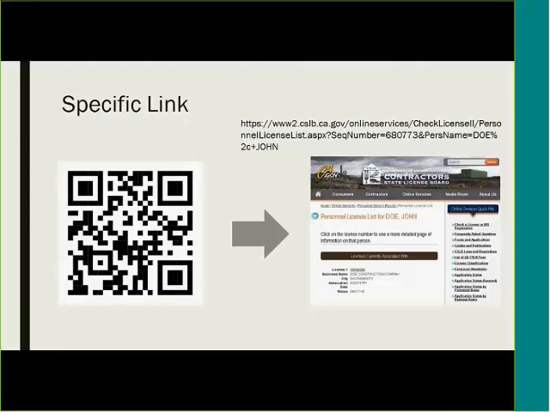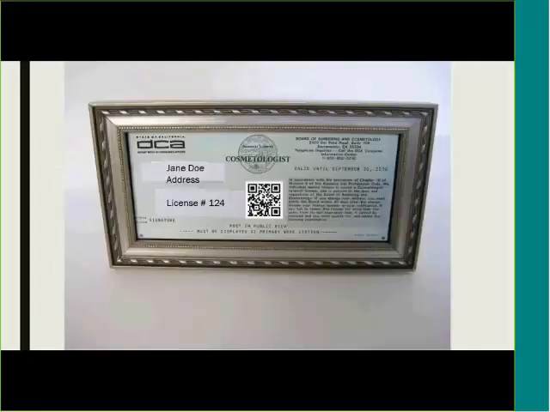And in that case, the QR code has value. So without doing that, I think people aren't really realizing what they can use QR codes for, but with a specific link, that's going to really give people stuff that they didn't have before, and that's what we want to use QR for.